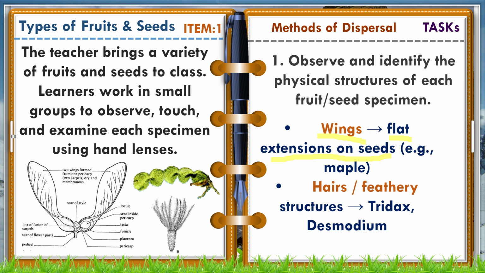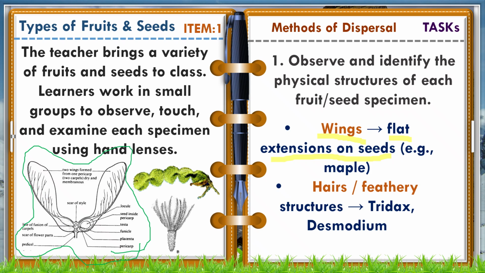For example, in maple, if you look at this diagram here, you will see these two structures. These are wings, and our seed is over here. So it has flat extensions in the form of wings.